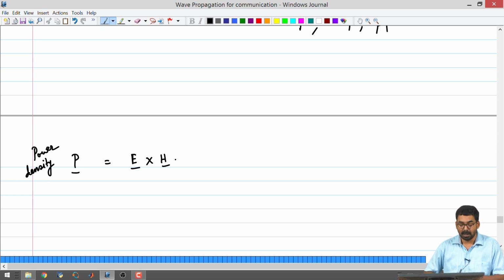It is given as a cross product between your electric and magnetic fields. The unit for the electric field is volt per meter, and for the magnetic field ampere per meter. So, you will have volt ampere per square meter.